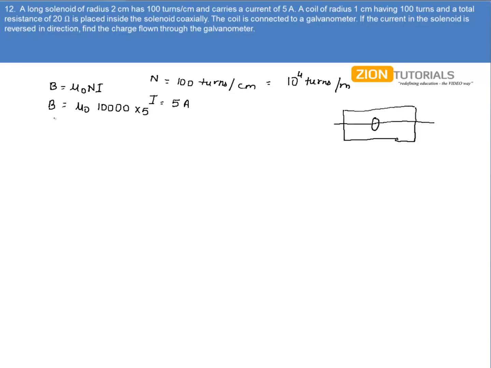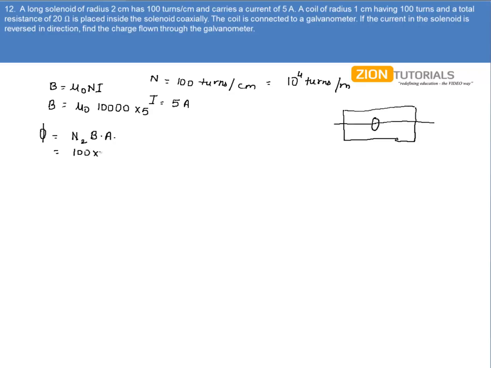The next thing we'll do is calculate the flux that is passing through the coil, because now we have the magnetic field passing through the inner coil. So the flux passing through the coil will be given by number of turns of the coil into magnetic field into area of the coil. The value of N2, the number of turns in the coil, is given as 100.